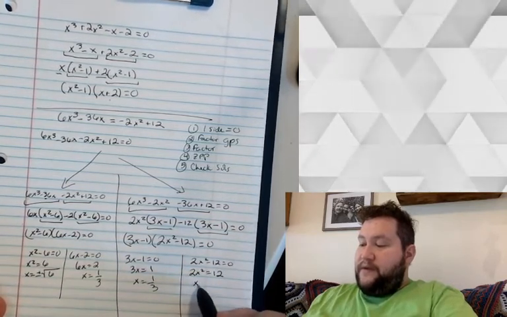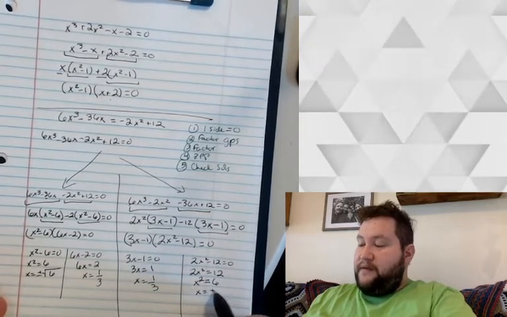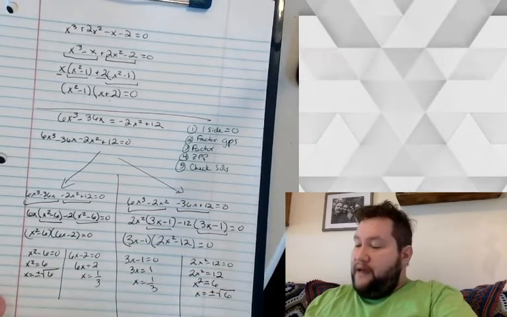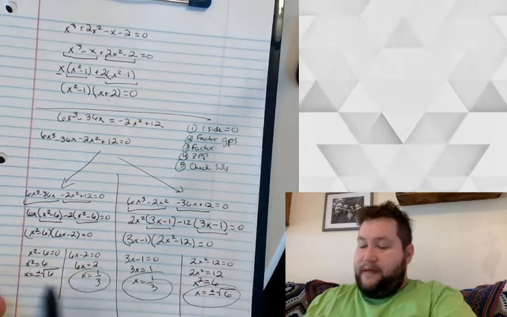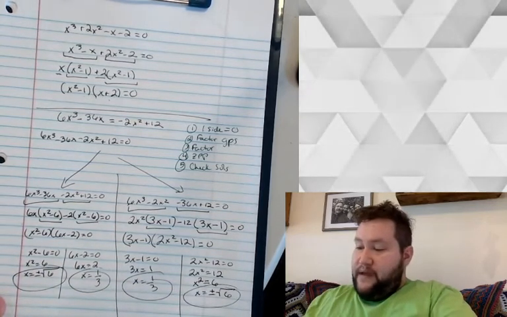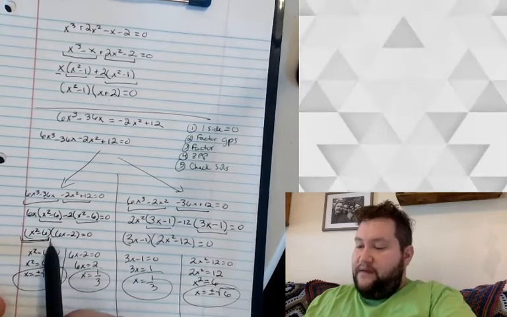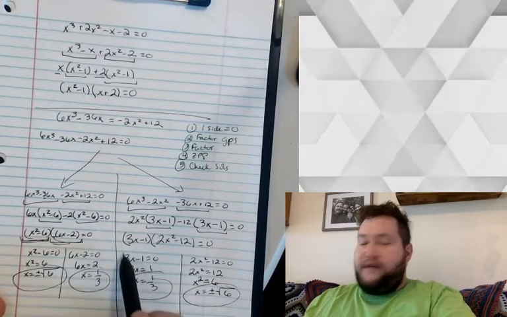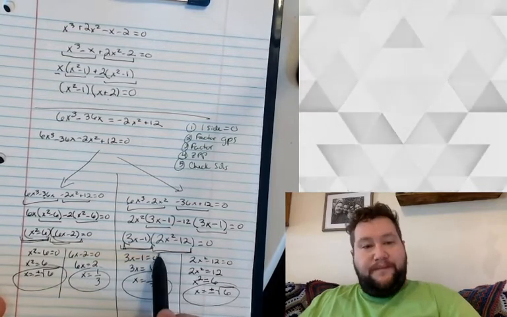Dividing both sides by 2, we get x squared equals 6, so x equals plus or minus the square root of 6. And so notice, again, we have the same two solutions both ways. But now our factors, x squared minus 6 and 6x minus 2, are not the same as our factors here. And so how is that possible?